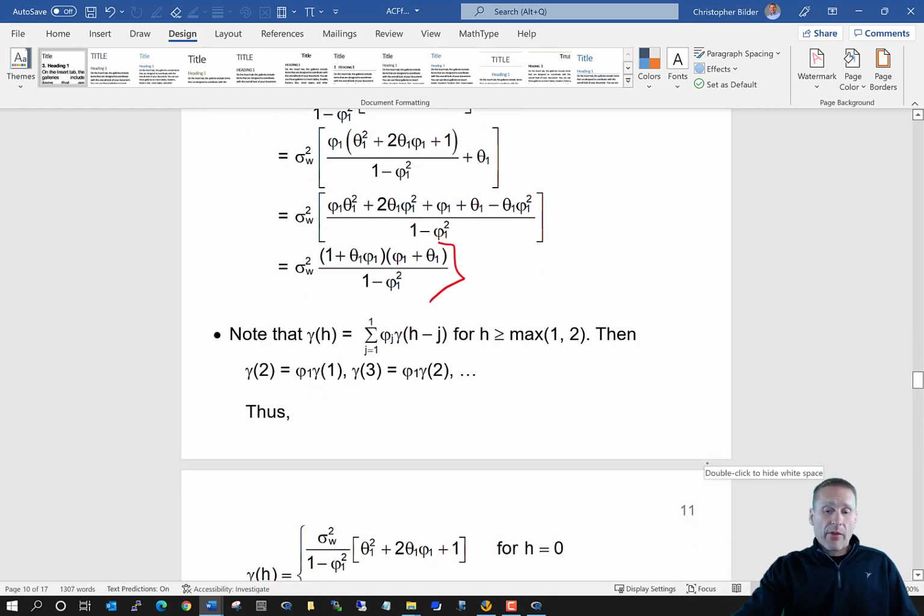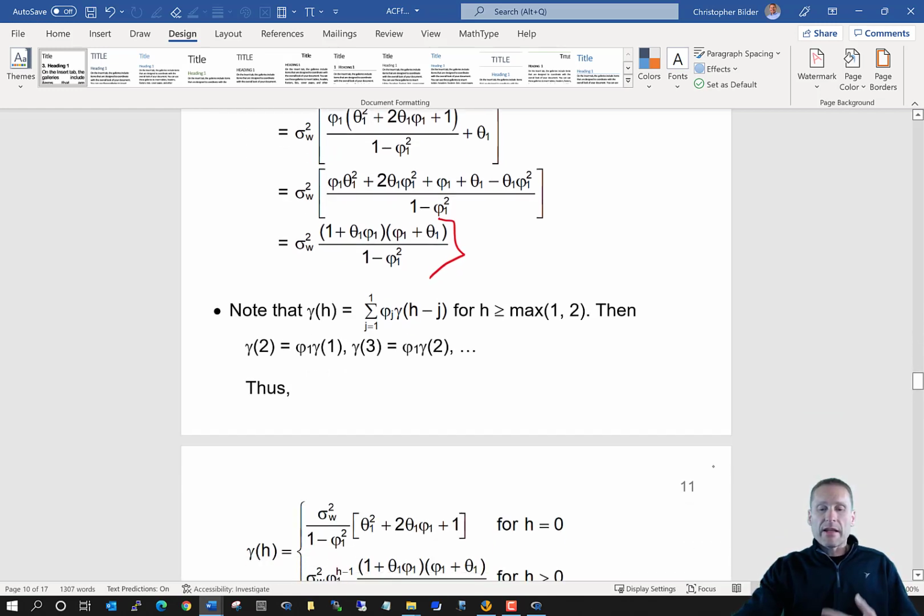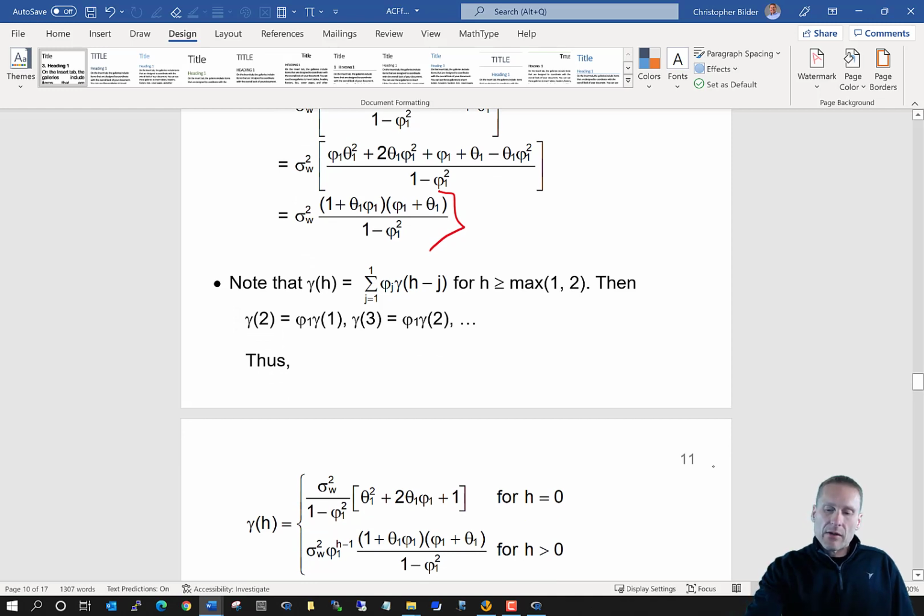Now to find gamma 2, gamma 3, gamma 4, we only have to be concerned about the first part of our summation, because that other part disappears since h is greater than or equal to 2. And look what happens here.